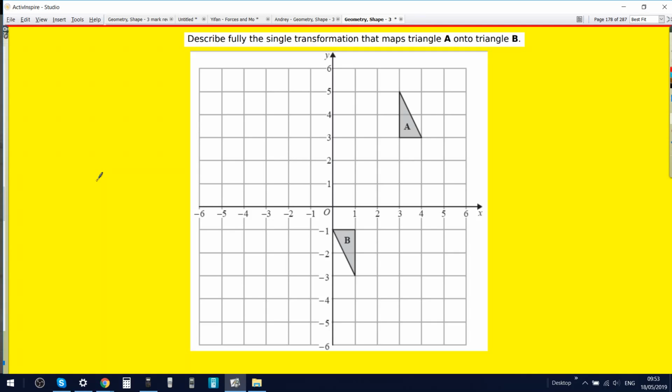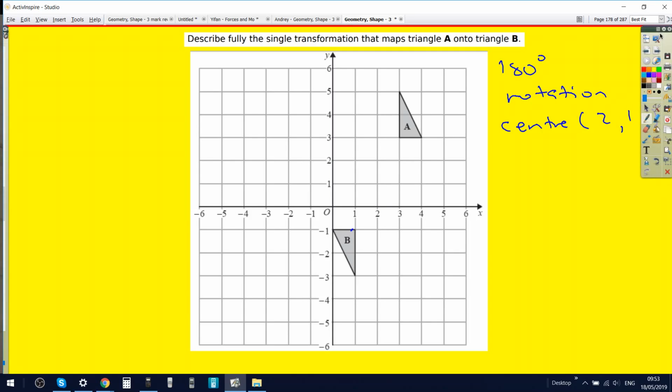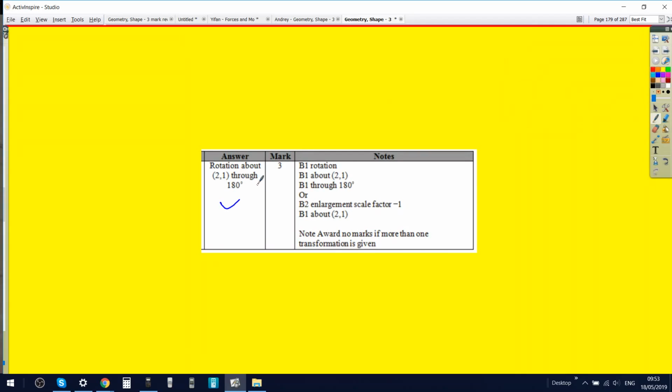So 180-degree rotation. And then center of rotation. Is it like 2-1? Yeah. 2-1. So rotation about 2-1 through that.